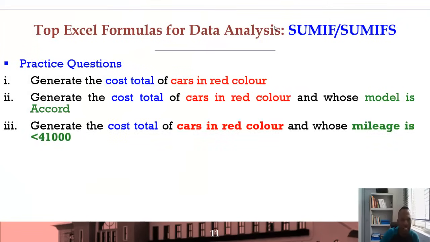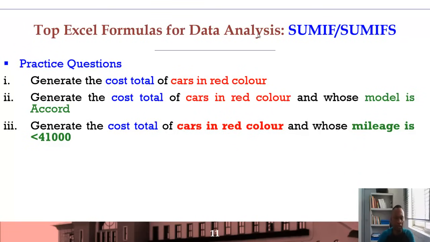Let me test another one. Generate the cost total of cars in red color whose millage is less than 41,000. Now let me write out the conditions. Cars in red, millage less than 41,000.